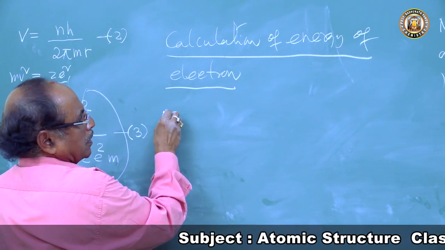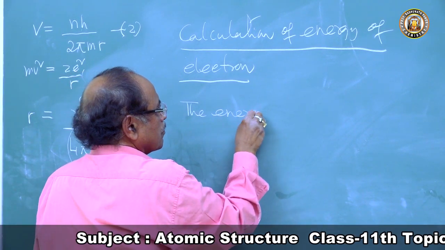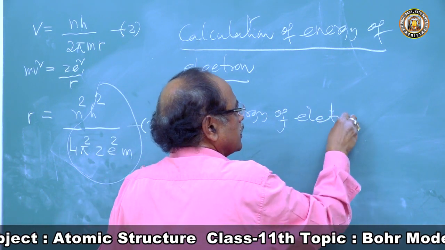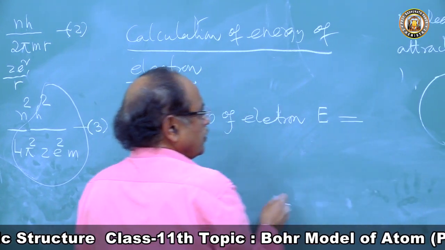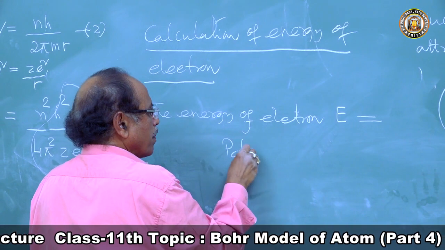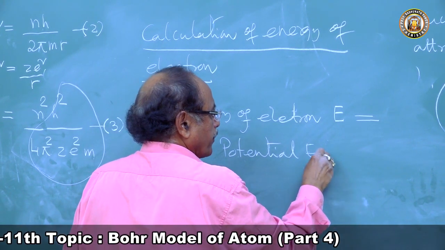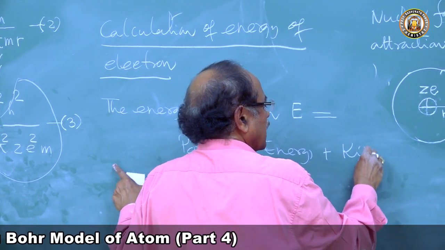The energy of the electron, E, will be equal to its potential energy plus the kinetic energy.